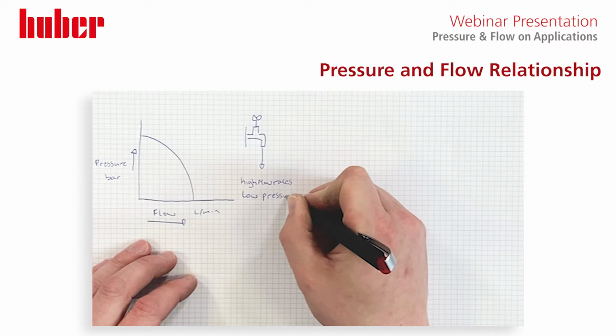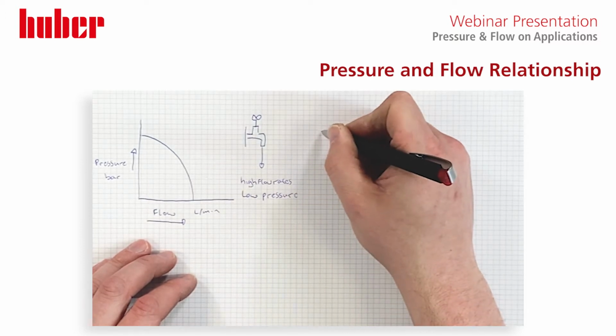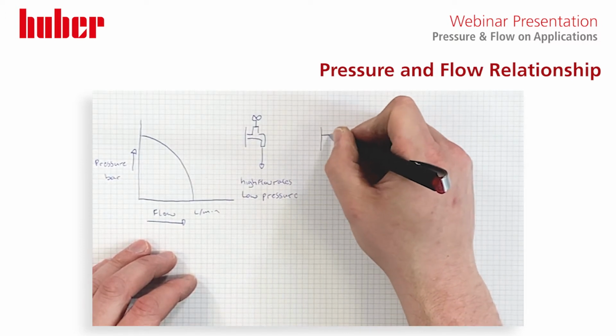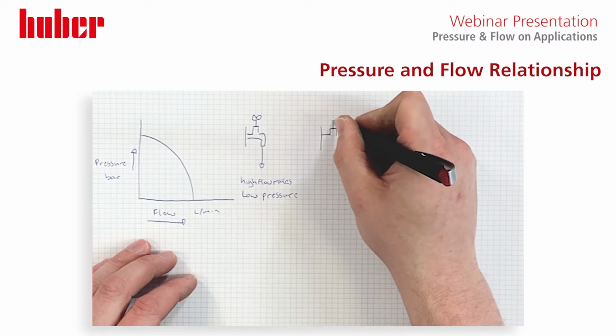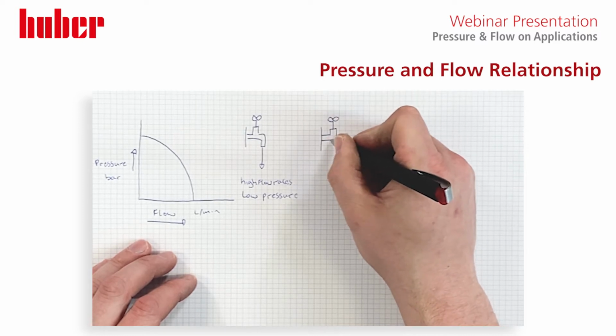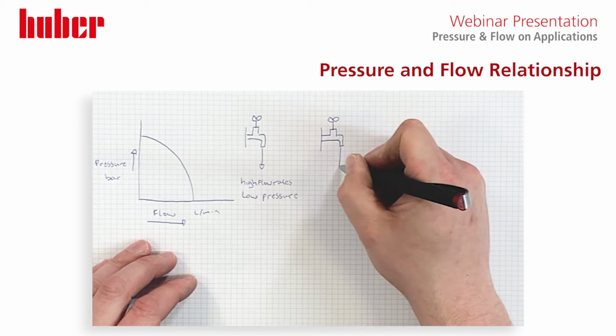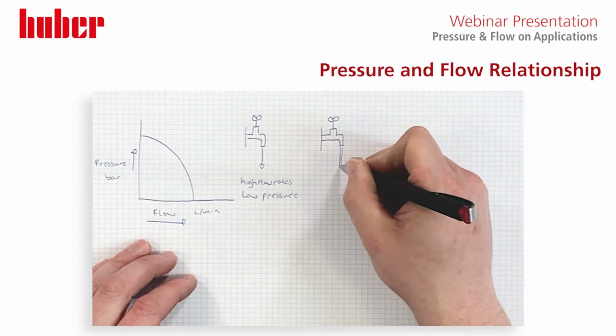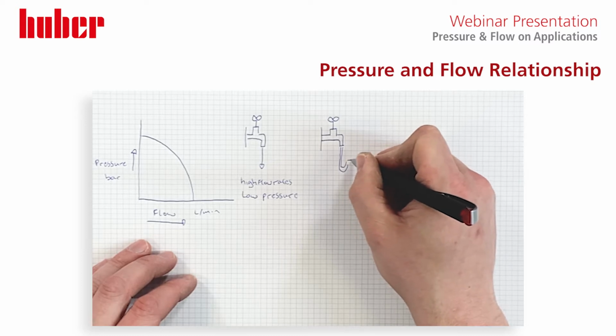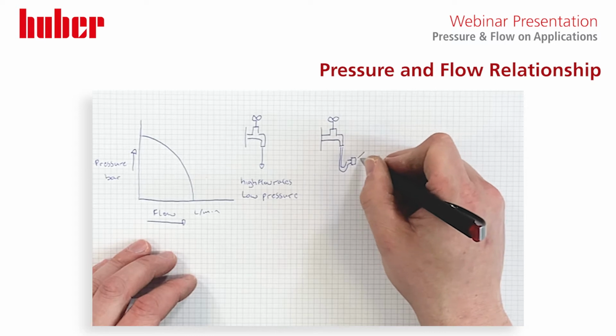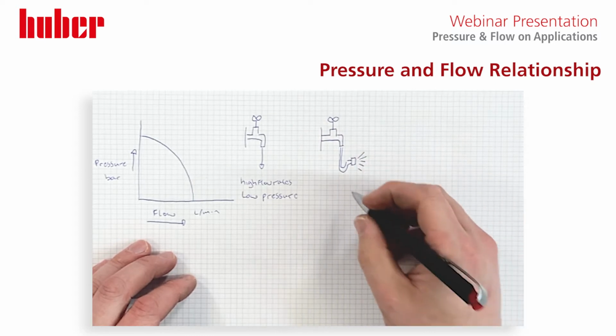If we take the same tap and put like a garden sprinkler hose on it, so in this case we'll draw a hose very badly with one of those daisy style heads, like a shower head on it, where the water is going that way.